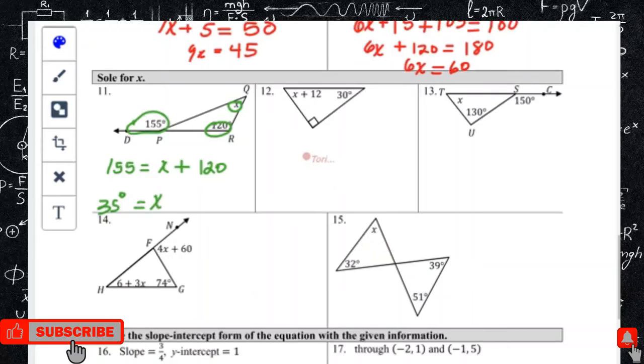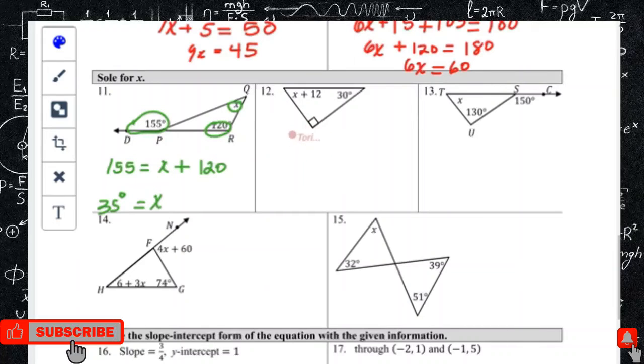Number 12, we have a triangle, no exterior angles, just all angles on the inside of the triangle. Recall from class that the three angles add to be 180 every time. So you can take angle 1 plus angle 2 plus angle 3, all add up to be 180.